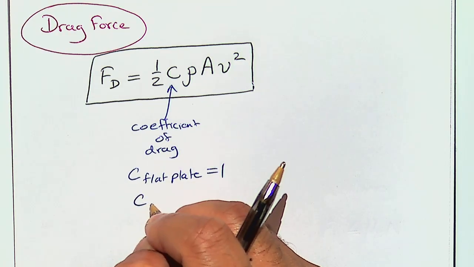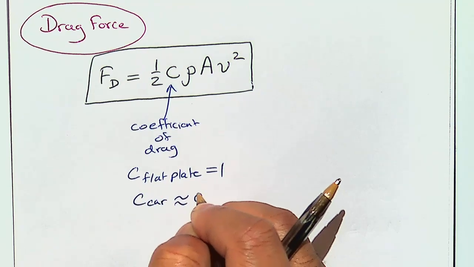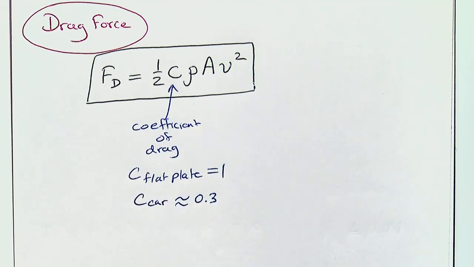If you think about the coefficient of drag for a car, for instance, it's about 0.3, just to give you a reference. So a car is better designed than a flat plate. If you make a box, literally, like a boxy car, that's not very aerodynamic. It's going to be pretty large drag involved.